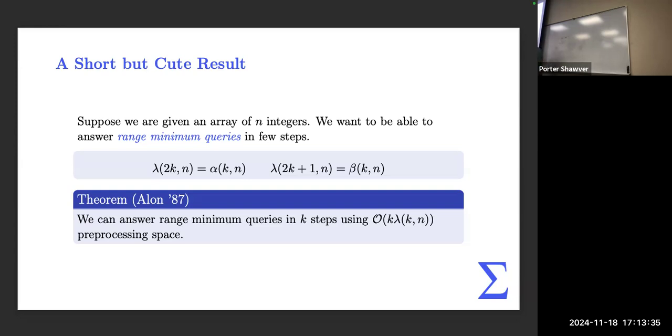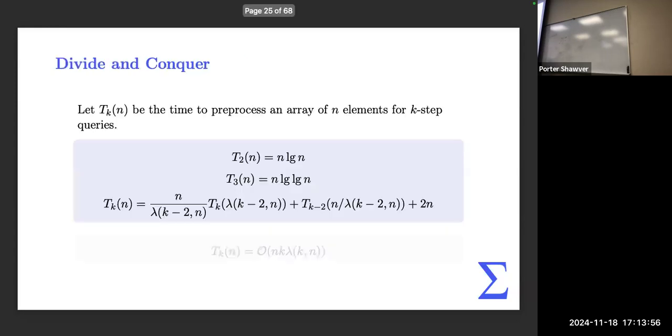And then the theorem is how you can do this very quickly. That has a typo. There should be an n.